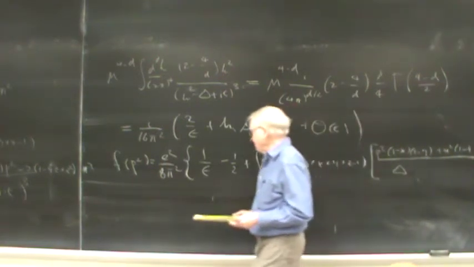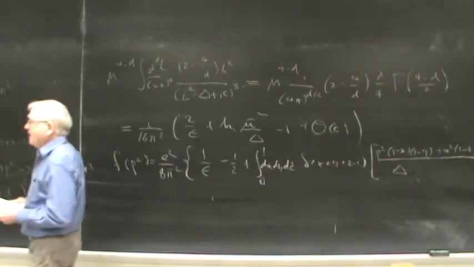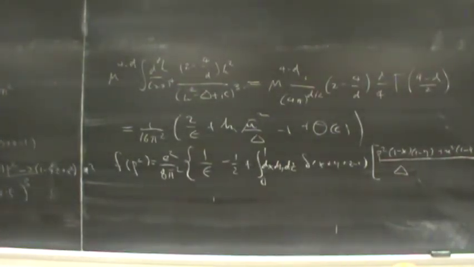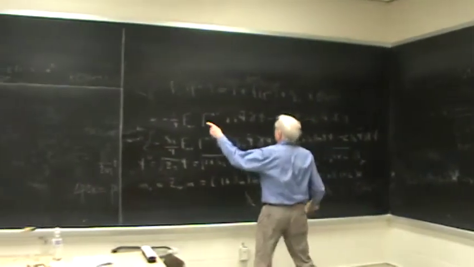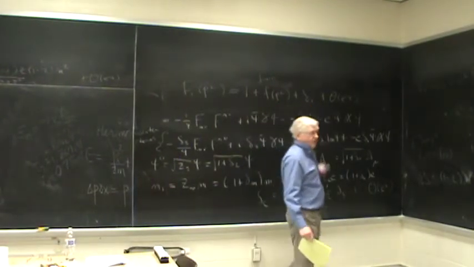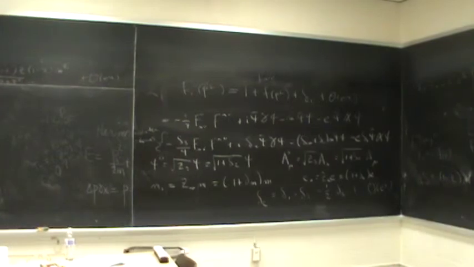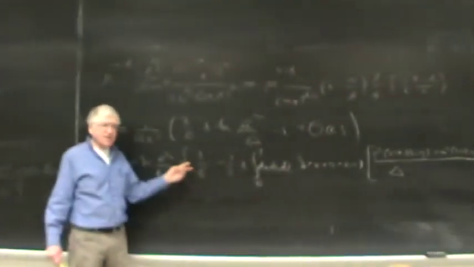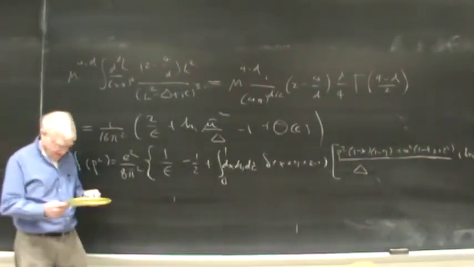So this is what f of p squared finally is, and what we see is we've got f1 is 1 plus f of p squared in delta 1. So there's a term in f of p squared of order 1 over epsilon. We're going to cancel that with a delta 1.